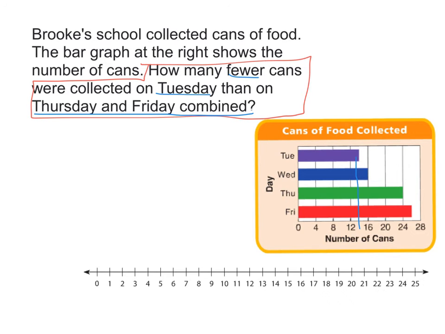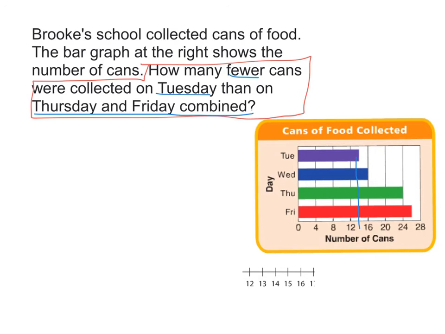So here we have a number line. So we would have 12, and we want to know what's between that number and the number 16. So you see, between 12 and 16, we would have the numbers 13, 14, 15.